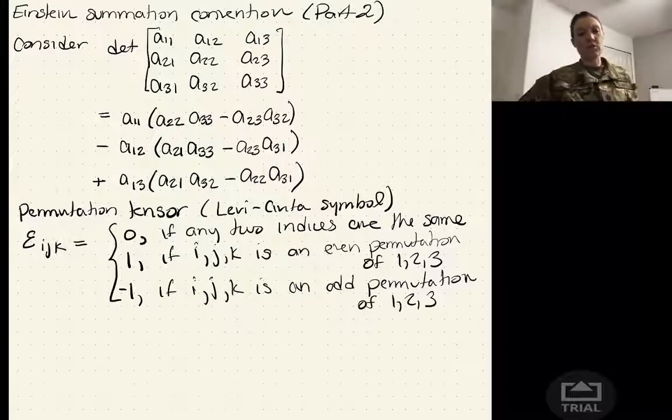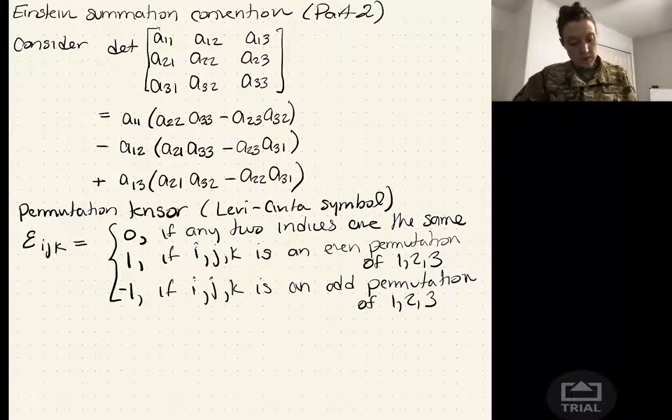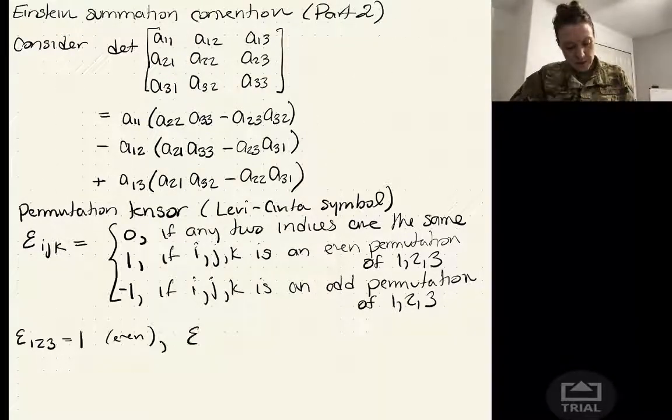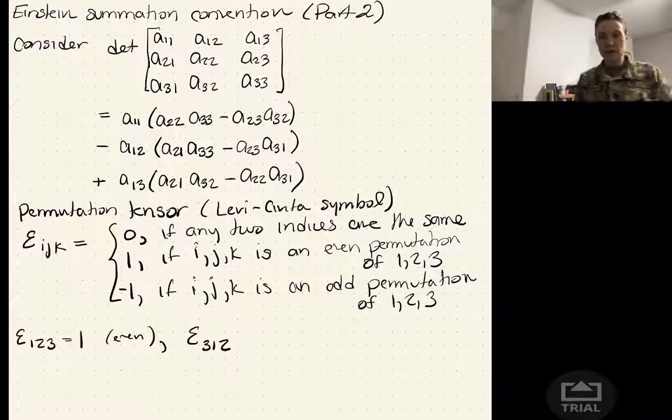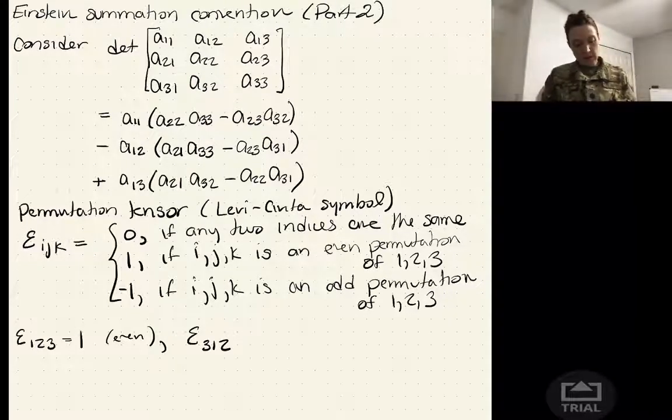Okay, so what do I mean by even and odd? Epsilon 1, 2, 3 is equal to 1 because it's an even permutation. So is epsilon 3, 1, 2. All I've really done is shift everything to the right, and the 3 just wraps around.